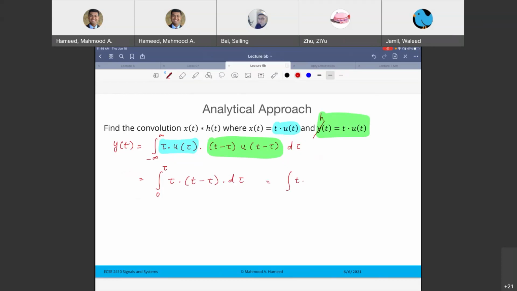Integral of t tau d tau from 0 to t, minus tau squared d tau. t multiplied by what? It is tau for tau seconds, and you are integrating it. So what is that going to be? Tau squared divided by 2. Is that okay?